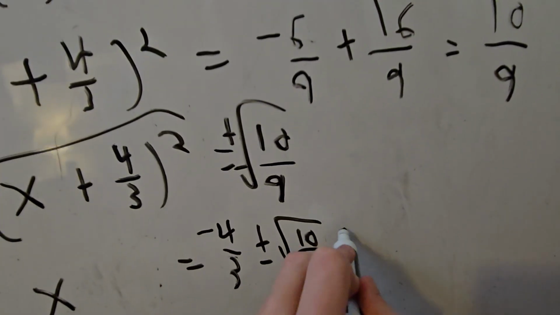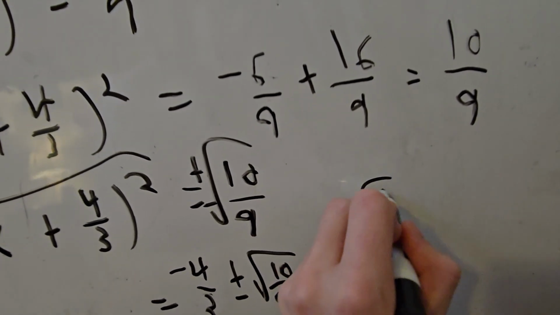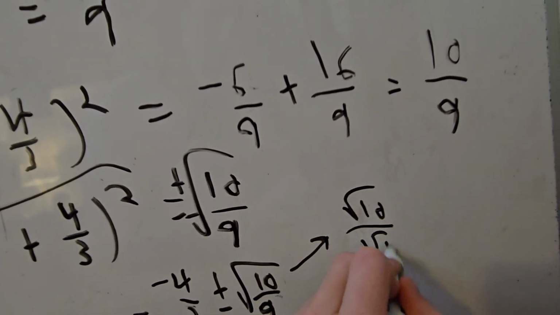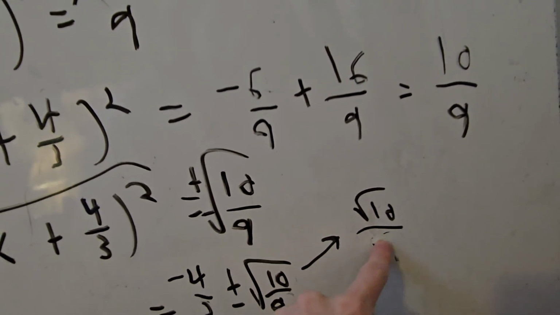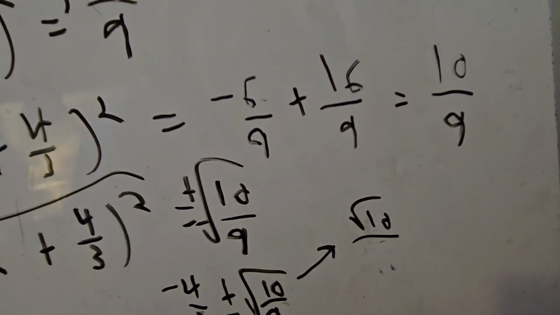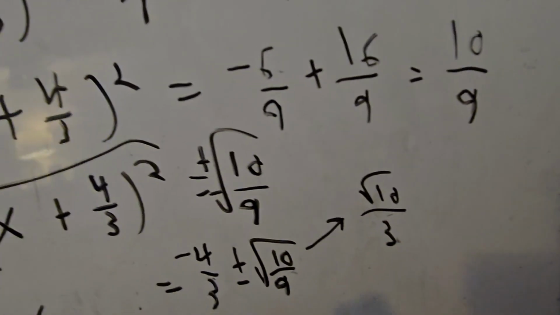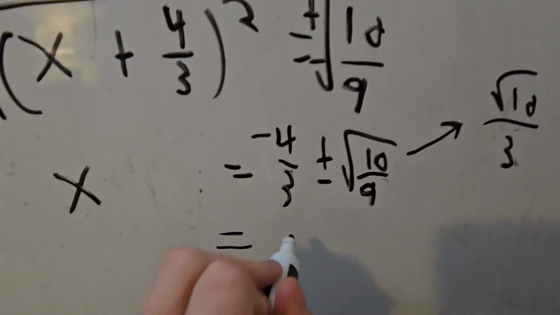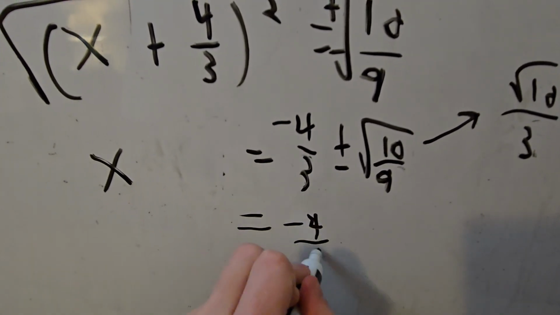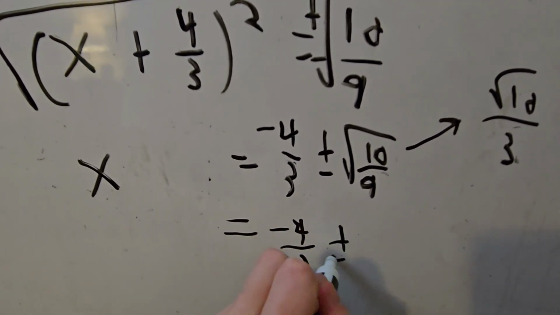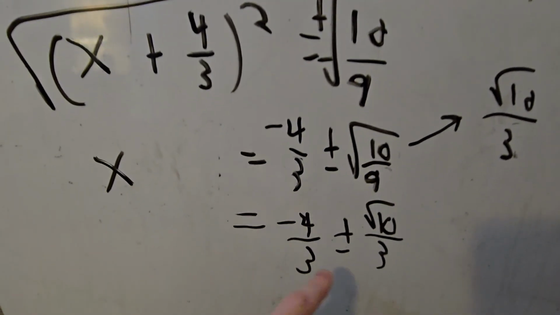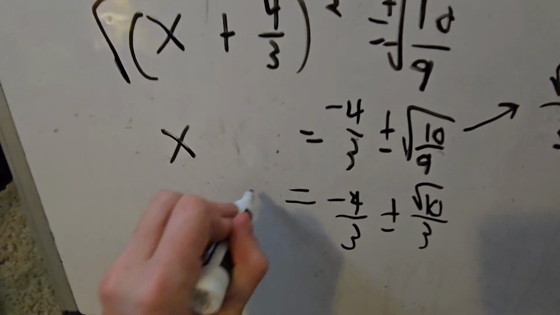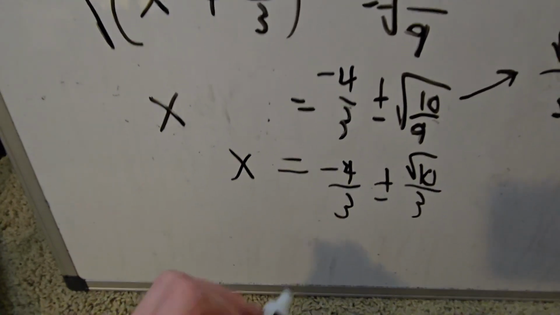We can factor this square root as square root of 10 over square root 9, which is just square root 10 over 3. So then we have negative 4/3 plus or minus square root 10 over 3 is equal to x.